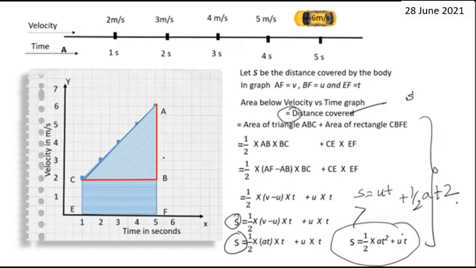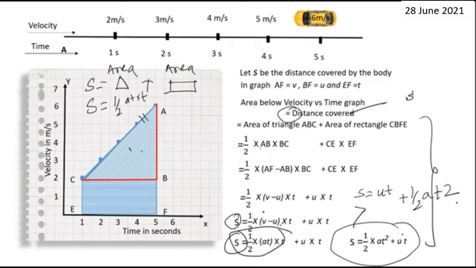Right? So what is the logic behind the proof of this? We know that the area below this line is the distance covered. So distance covered S is equal to the area of this rectangle plus the area of this triangle. When you find the area of this, you get half into AT into T. How you get all these steps you should know.